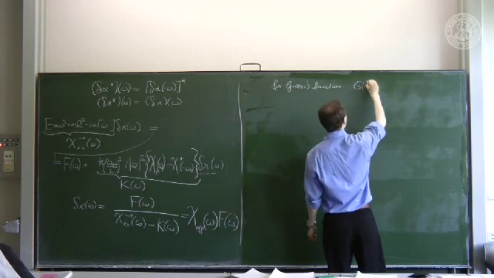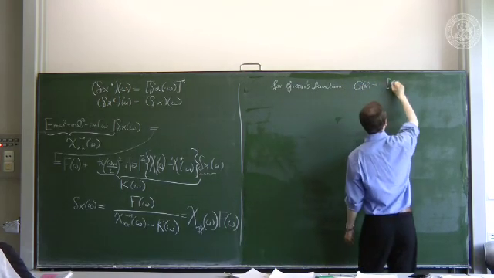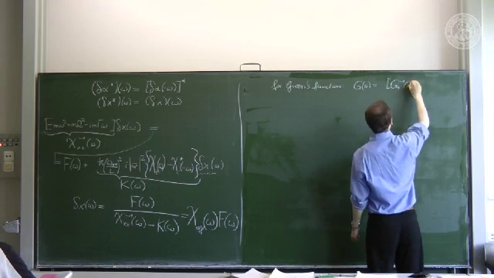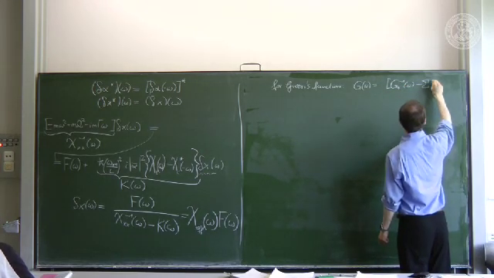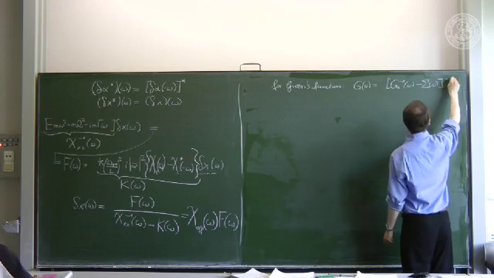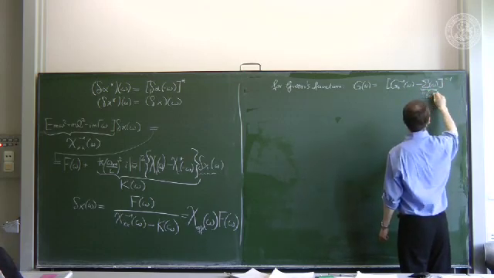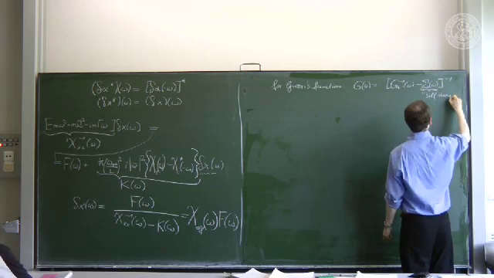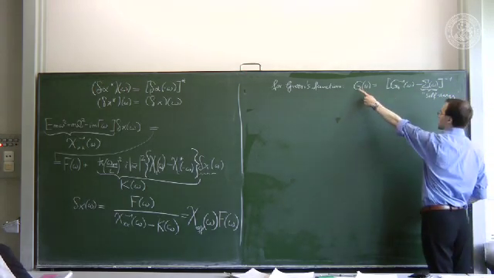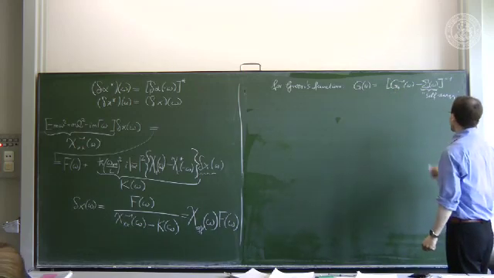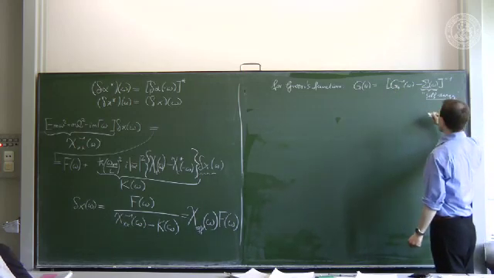So the Green's function would look like the bare Green's function, let's call it G0, inverse minus something which people call a self-energy. And again, you see if the self-energy vanishes, then you just get G equals G0. But if there's a self-energy, why is it called a self-energy?